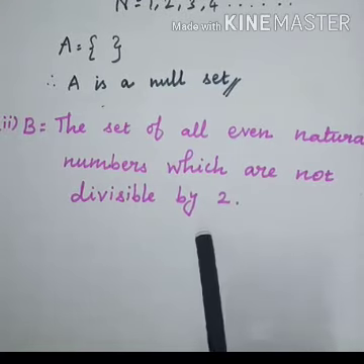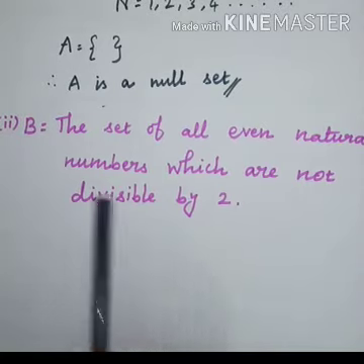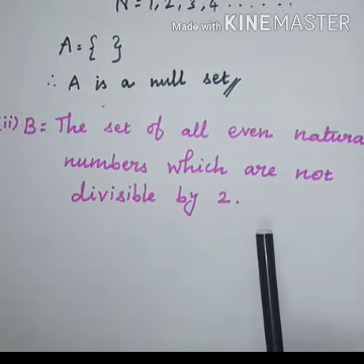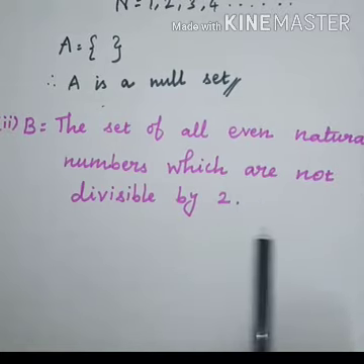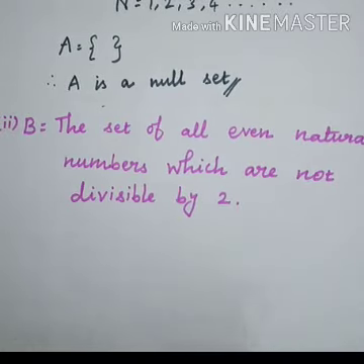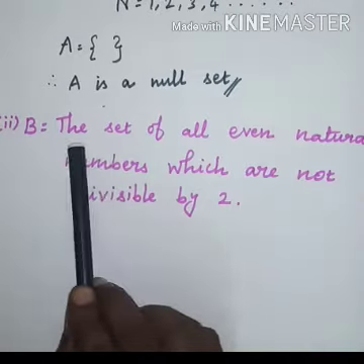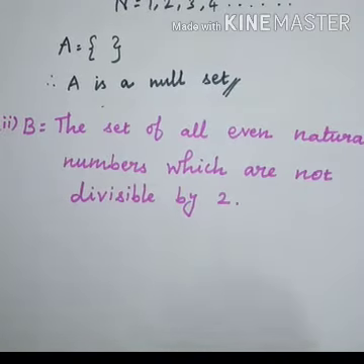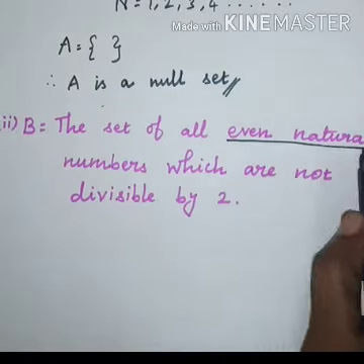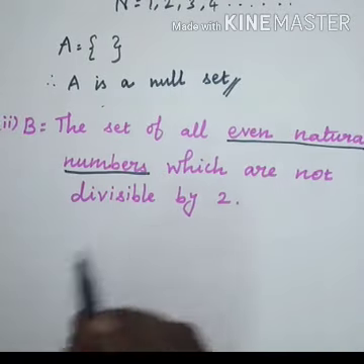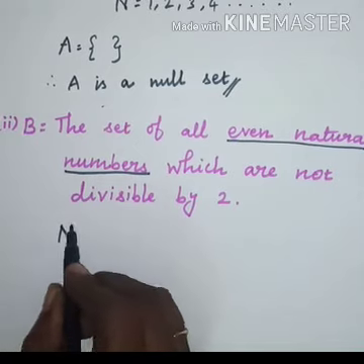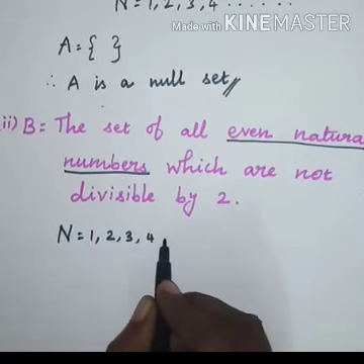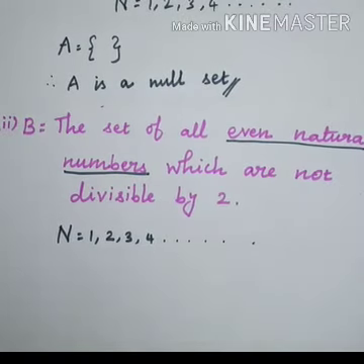We have to check whether B is a null set or singleton set. Now the condition given is the set of all even natural numbers. What are natural numbers? They start from 1, 2, 3, 4, etc. and go on and on.